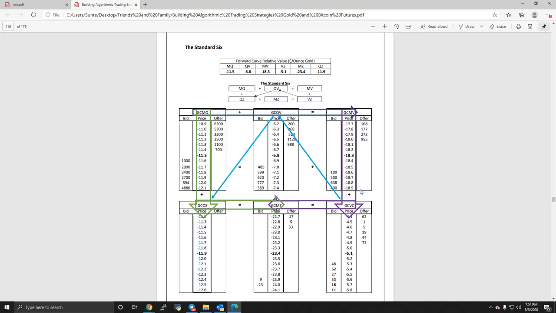MV plus VZ equals MZ, MQ plus QZ equals MZ, VZ plus QV equals QZ. You're going to see which variables scratch. On the left here, you see the Qs, the August outrights in the calendar spread, scratch.